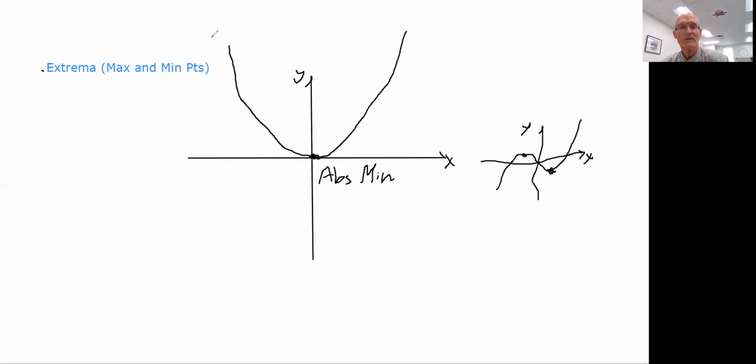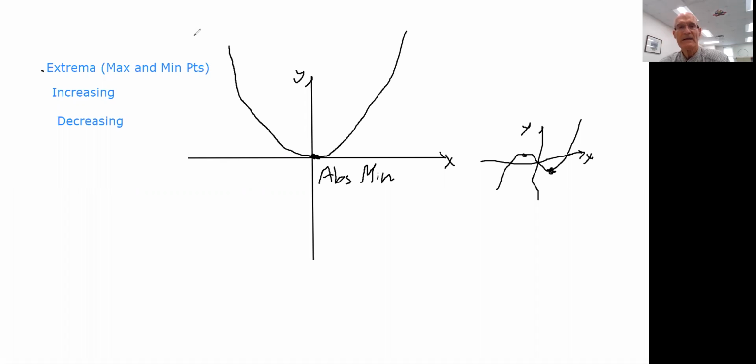Now, if we look over here, the next thing we talk about is increasing and decreasing. When we're looking at increasing and decreasing, we're not talking y values, we're talking x values that tell us when the function is going down as it goes from left to right.